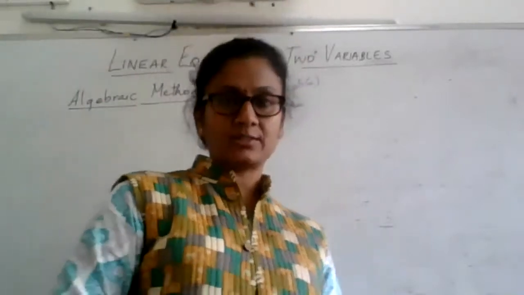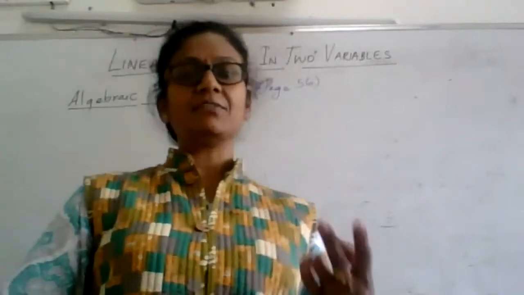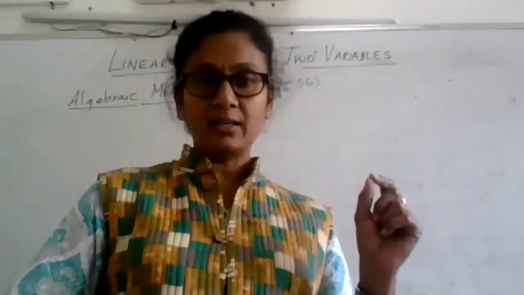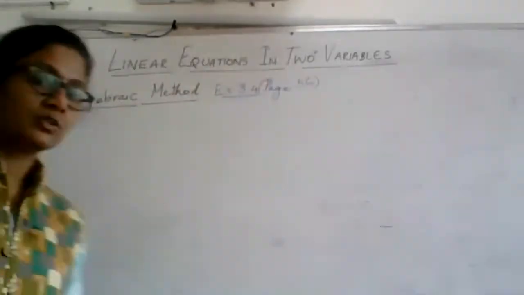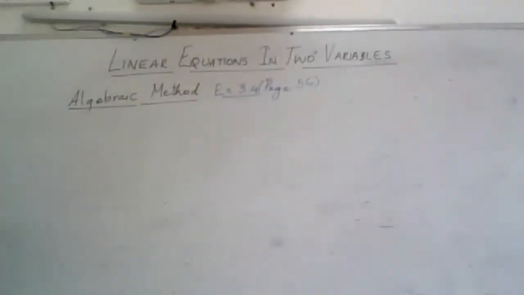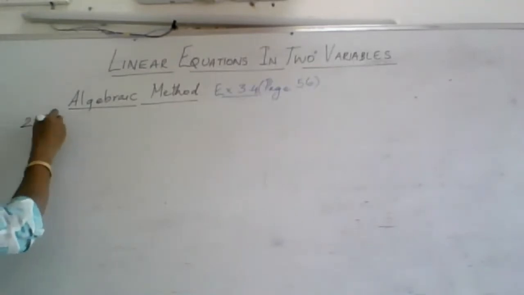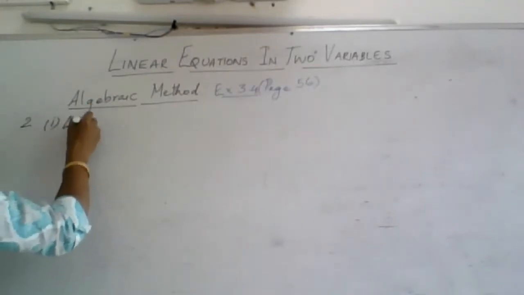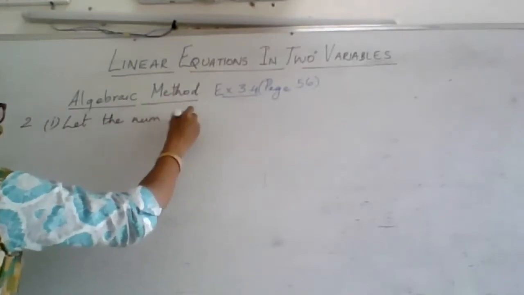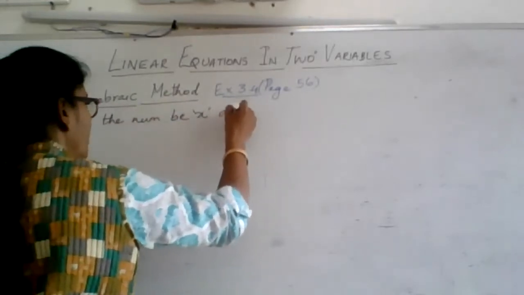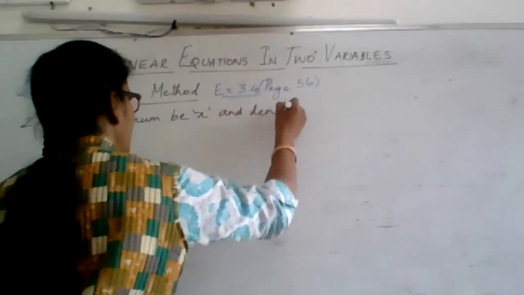Now a fraction will have a numerator and a denominator. All of us know this. So because we are dealing with two variables, we'll fix one as the numerator and the second one as the denominator. So our assumption will be like this. The first problem we are taking. Let the numerator be x and the denominator be y.